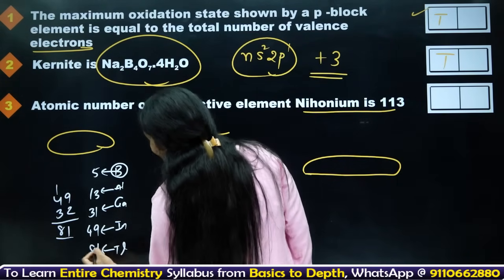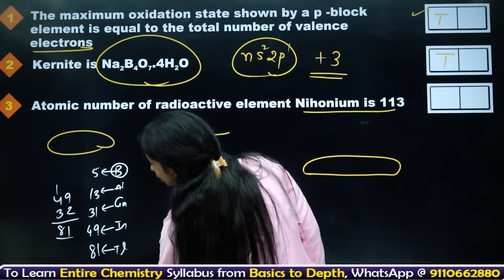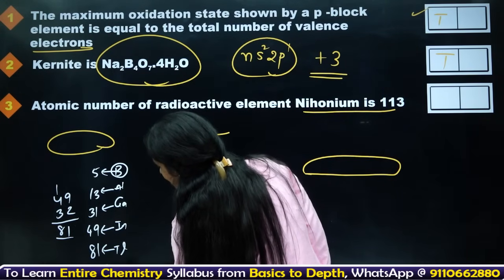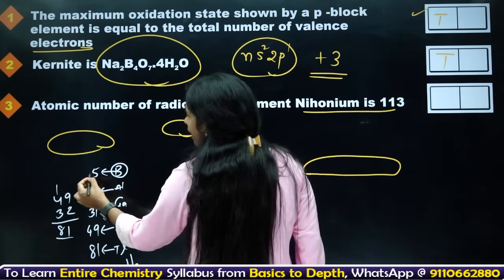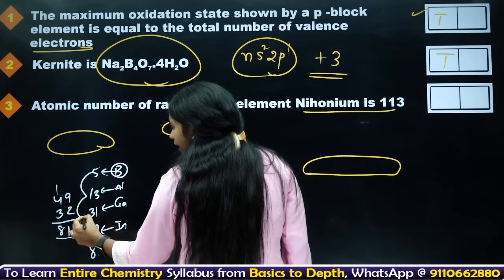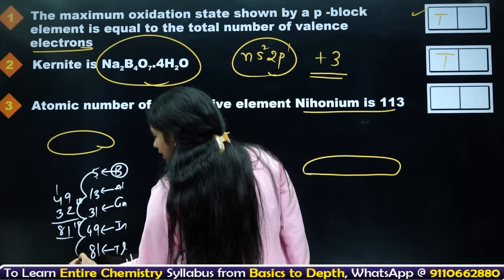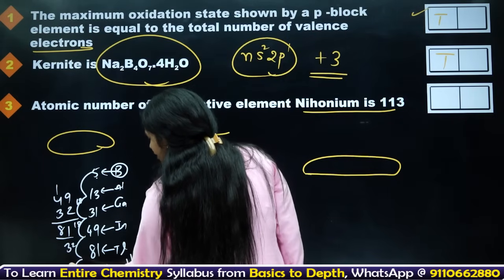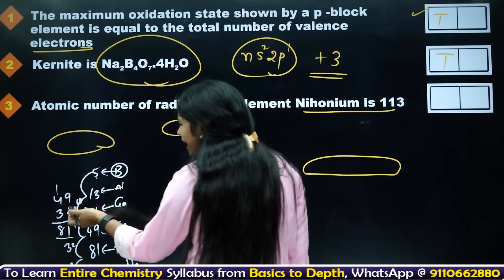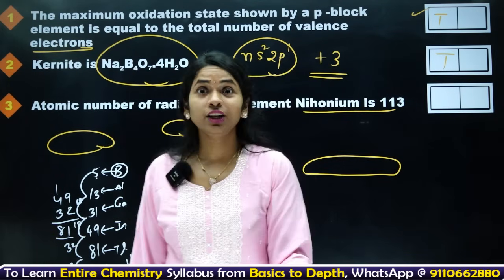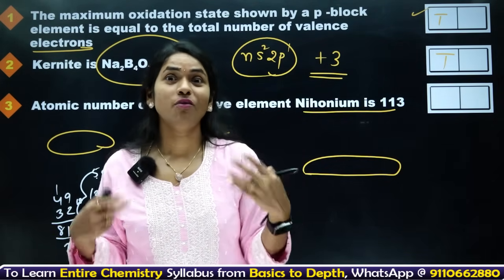Thallium is 81. The next one, add 32, you get 113, that is nihonium. So what is that? 8, 18, 32. Listening students, ma'am, this is common, no? 8, 18, 32. Then what is the logic, ma'am? What is the technique here?